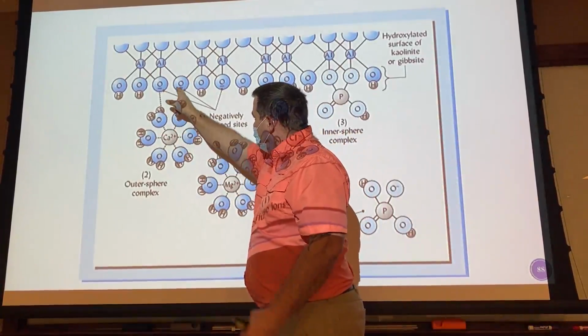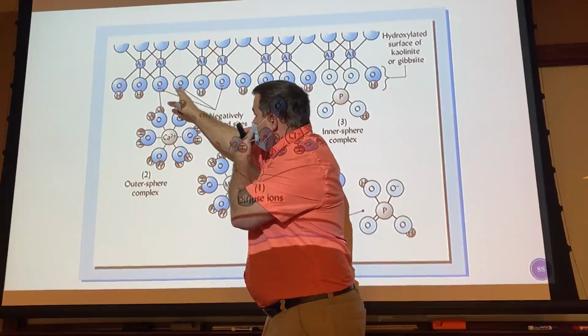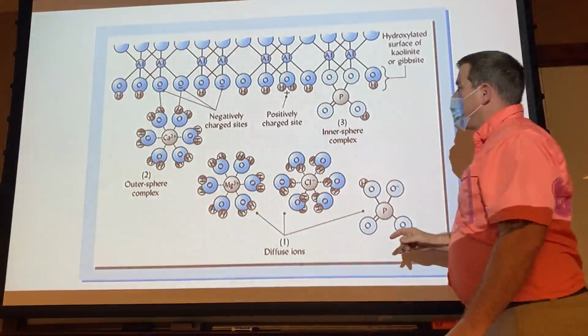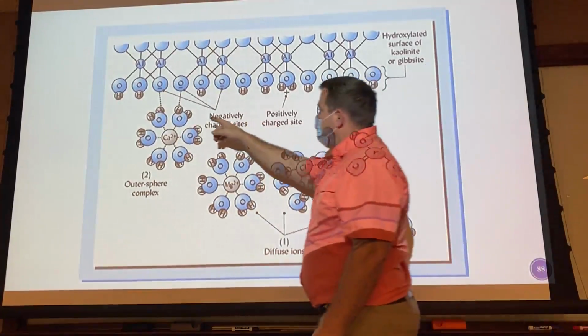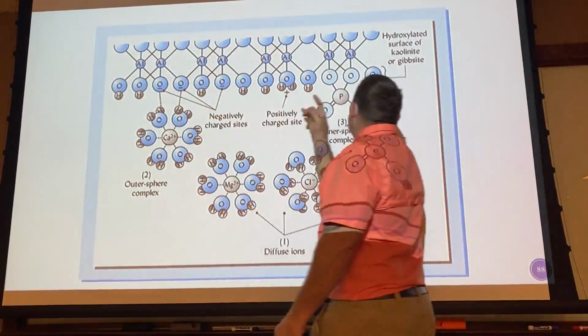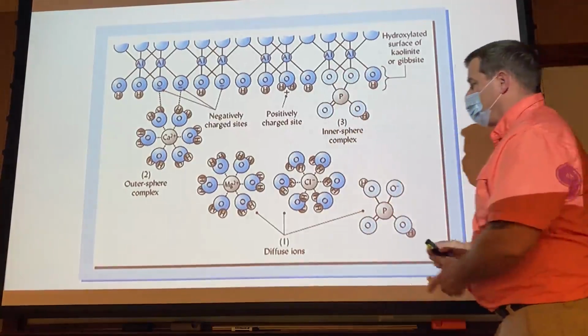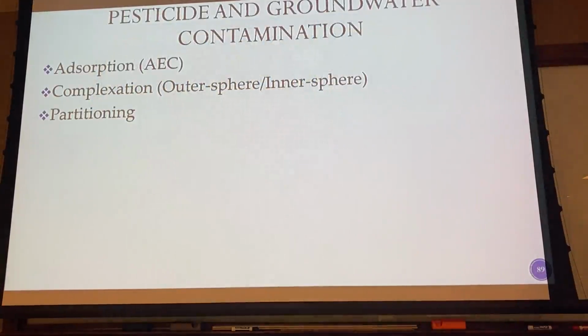That water molecule forms a bond with the oxygen in the tetrahedral layer. This is a hydrogen bond. This is a covalent bond.